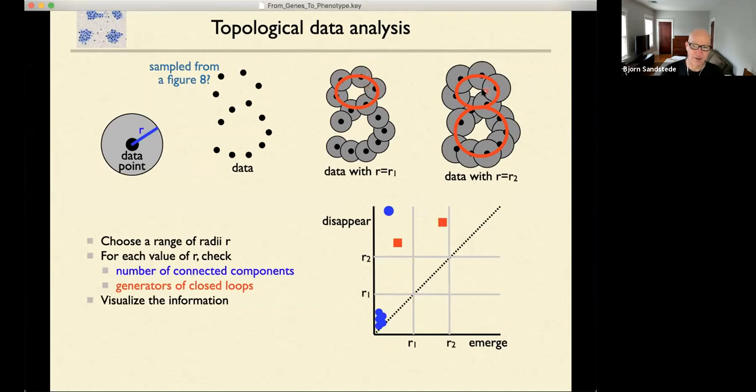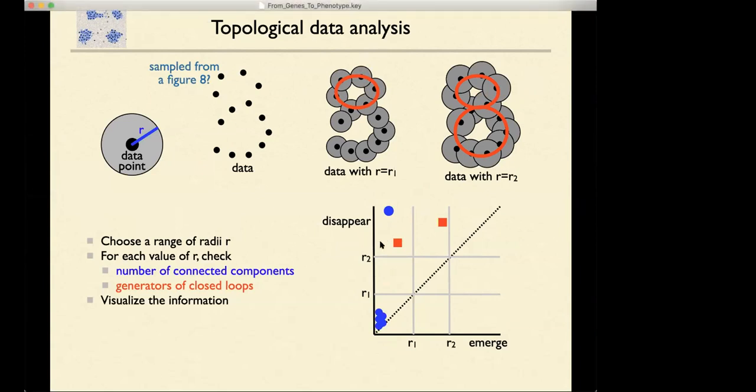And it's still there when R is equal to R2, so it disappears at a radius R that's larger than R2. And so this square corresponds to this circle. It appears for some radius less than R1, and it disappears for some radius that is bigger than R2.